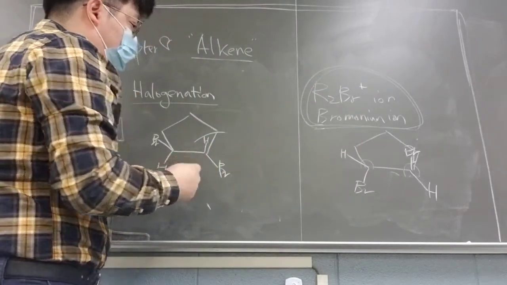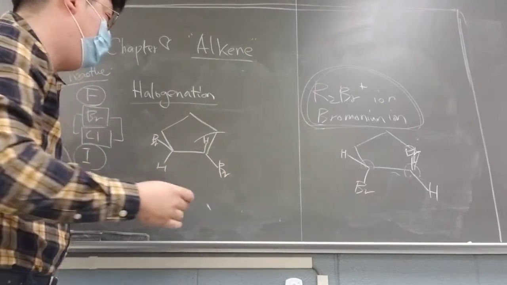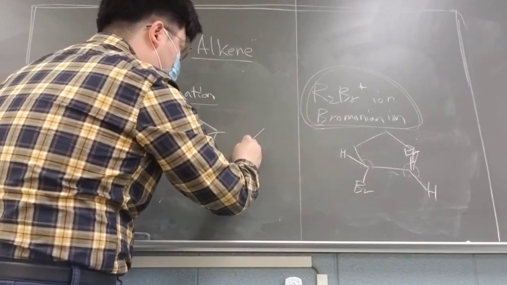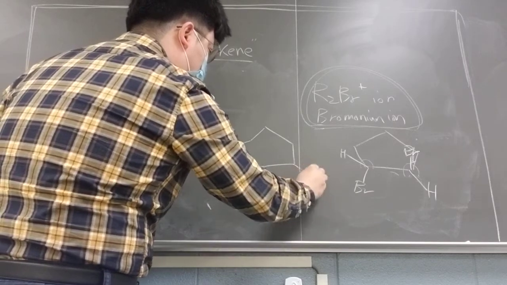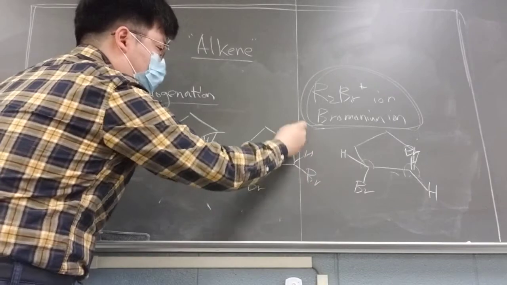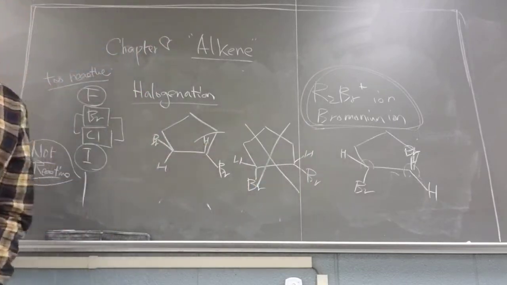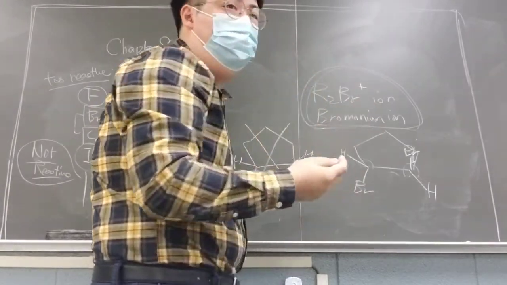Because if it was the same mechanism that we tried in chapter 7, it should also show you what? This one is wrong. They're on the same side, but this was not found. So this is only possible when they form the bromonium ion.